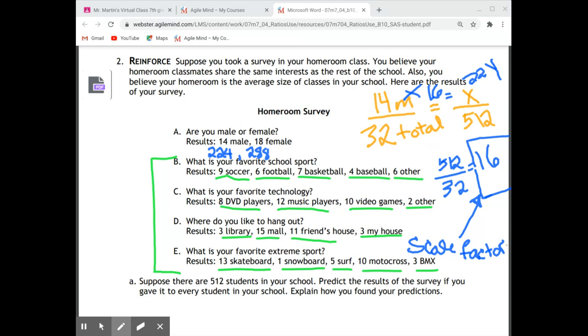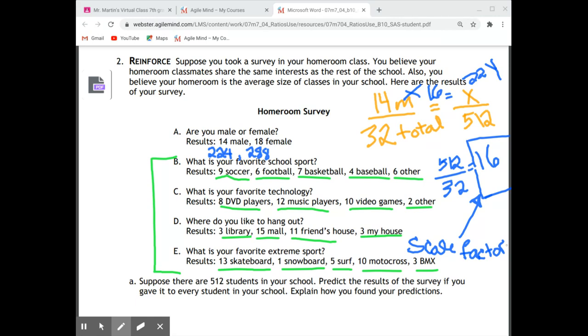And what do we get when we do 16 times 7? 6 times 7 is 42. And 7 times 1 is? 7. 7 plus 4 is? 11. So we get 112.